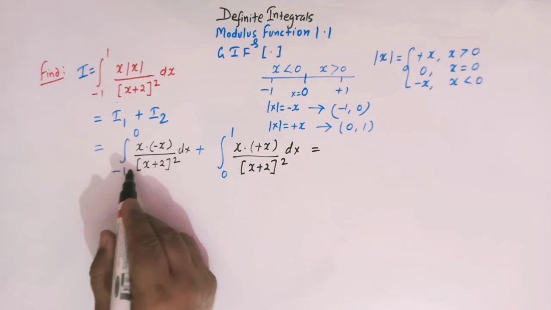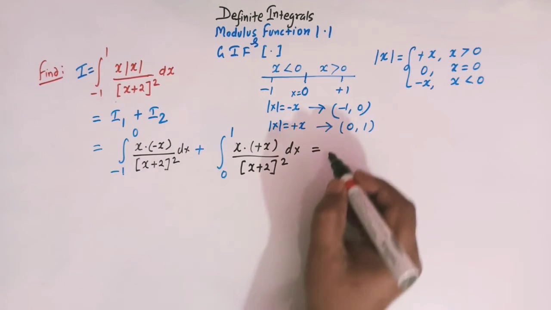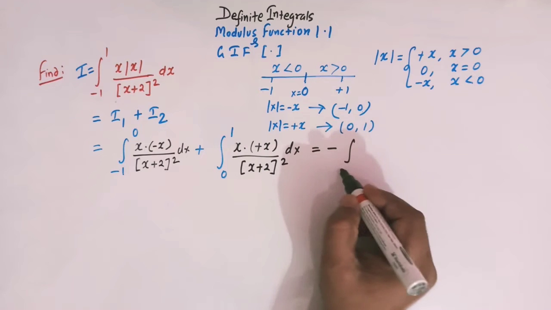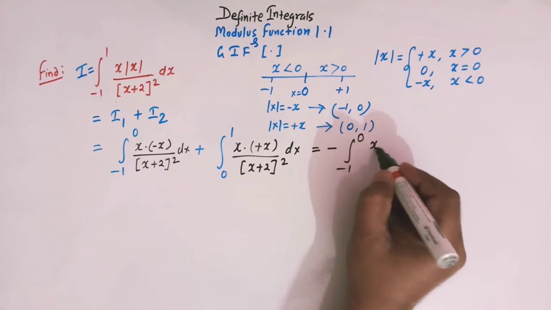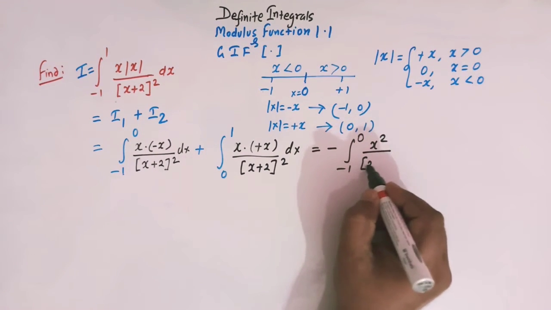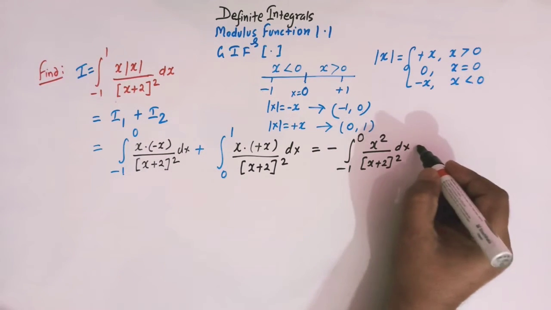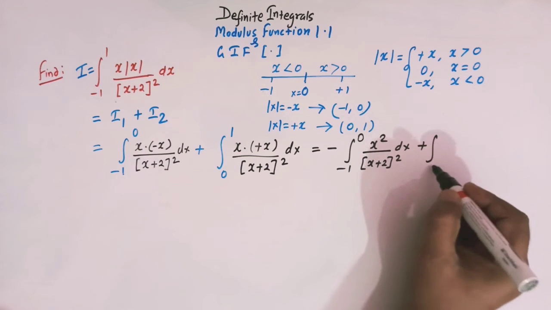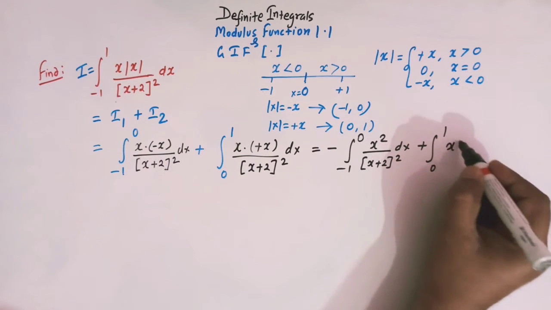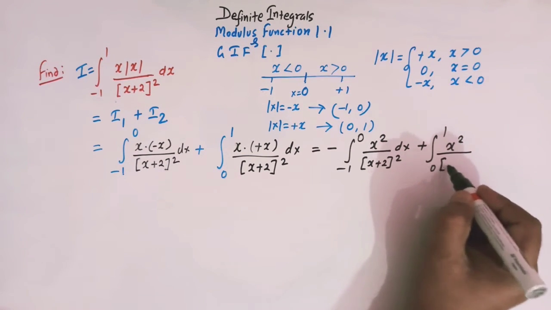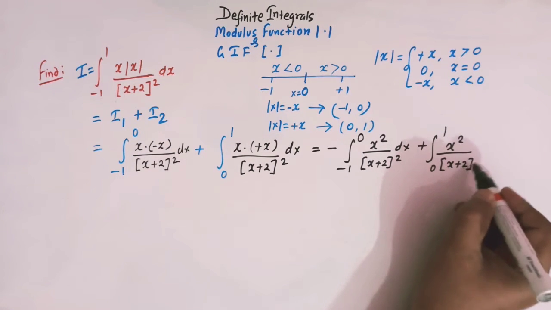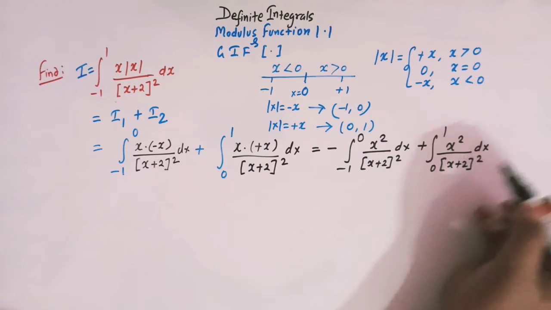So now we can write these two integrals as -1 to 0, x square over the greatest integer [x plus 2] square dx, and 0 to 1, x square over the greatest integer of [x plus 2] square dx, right?